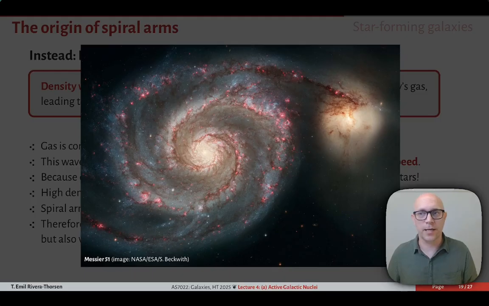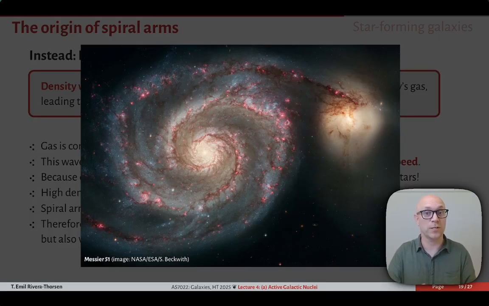But underneath, if we looked at this galaxy in near infrared, we would probably see a much more smoothly distributed stellar population, but still containing density waves, which is something we actually saw in one of the first lectures. If you remember, I showed how different the galaxy could look at different wavelengths.